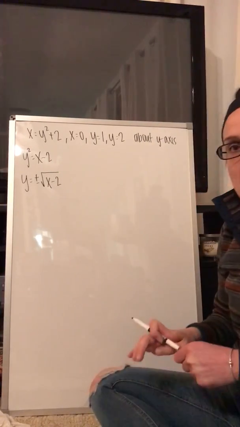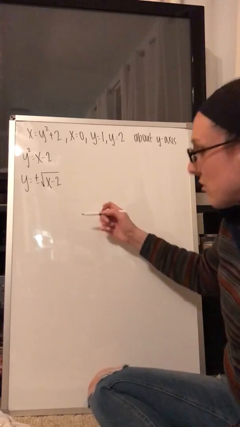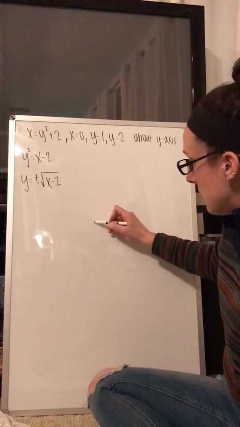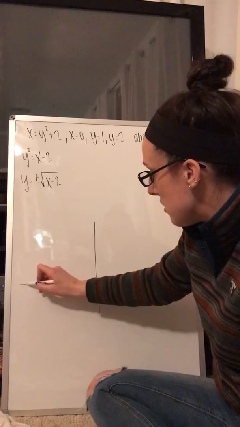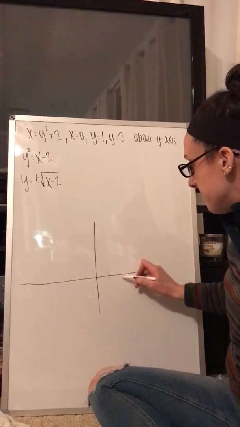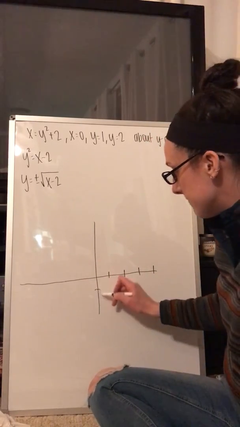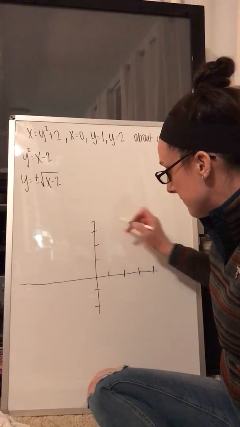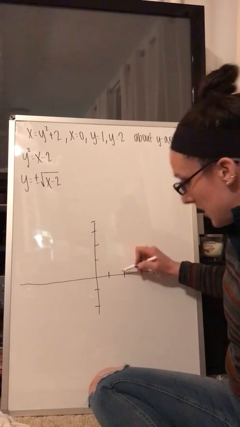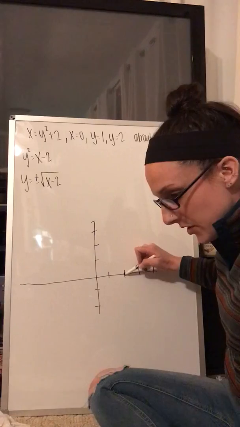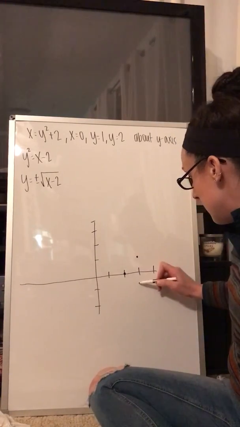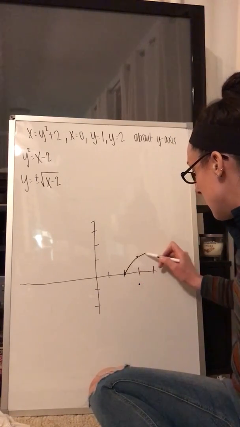And again, you can use your graphing calculator to help you see what that graph is going to look like. Just go ahead and graph that down here. So put a point here, that's here and here.